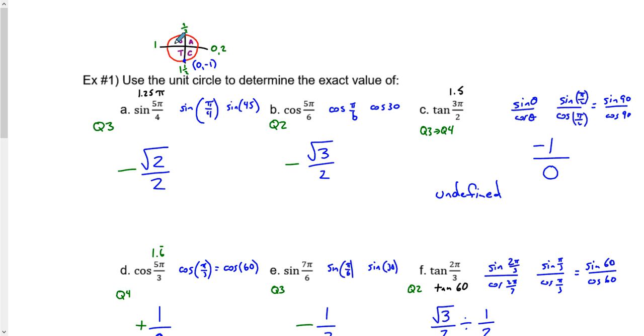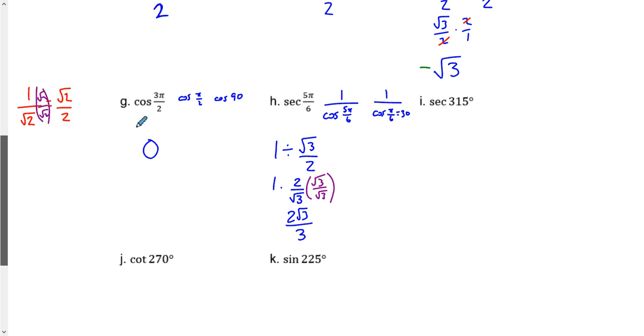If sine is positive here, cosecant is positive here. I sure hope that I said that right. Cosine and secant, tangent and cotangent, sine and cosecant. The only things positive here would be sine and cosecant. Secant is definitely not, which means this answer would be negative 2 root 3 over 3.